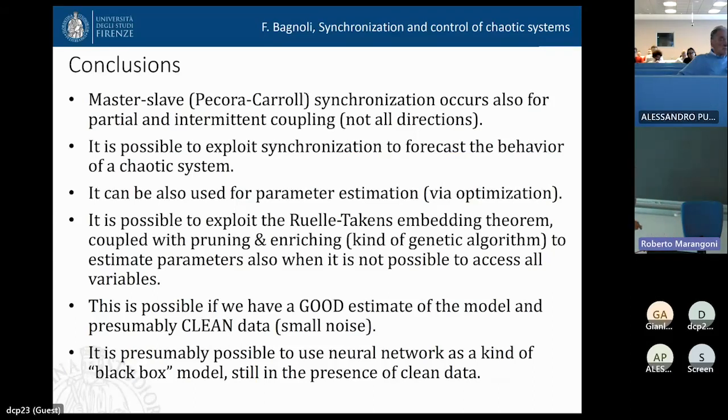And clearly, the other approach that can also be mixed with this is that based on artificial intelligence, as usual deep learning, which is essentially using a black box to model your system. And so clearly this is a competitor, and we are also trying to see if they can be combined together. I think that's all.